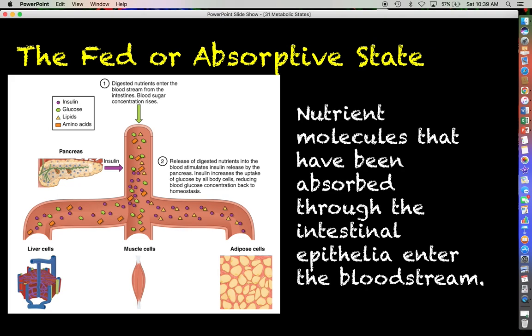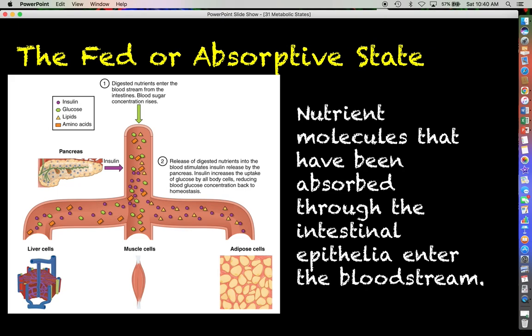So, for example, if you're eating food that is rich in all sorts of nutrients, your bloodstream is going to become rich in things like glucose, which is a carbohydrate, lipids, and amino acids. So you can see all of these different things in your bloodstream, and those nutrients are going to be circulated throughout the cardiovascular system, and those nutrients should be absorbed by tissues all throughout the body, whether it's muscle tissue, liver tissue, or whatever.